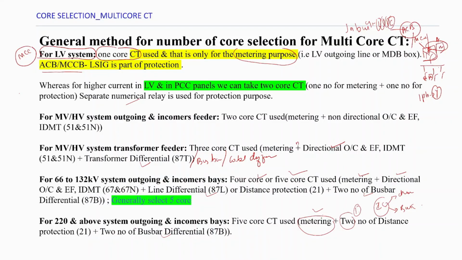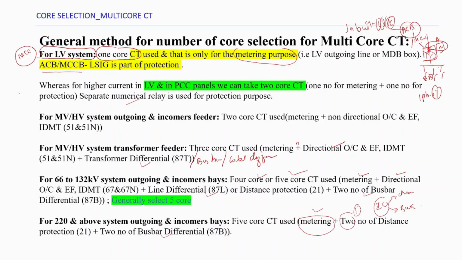CBCTs. Yes, they are the same. It is basically used for insulation earth fault protection detection, where all three phases are put together in one single CT, and it measures the earth fault. If there is an earth fault leakage current, it will be detected. Yes, please. For the 220 kV systems?